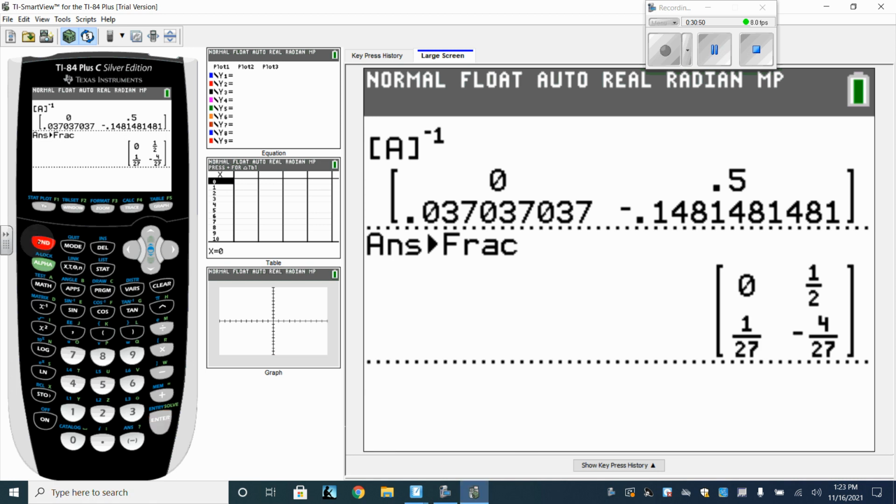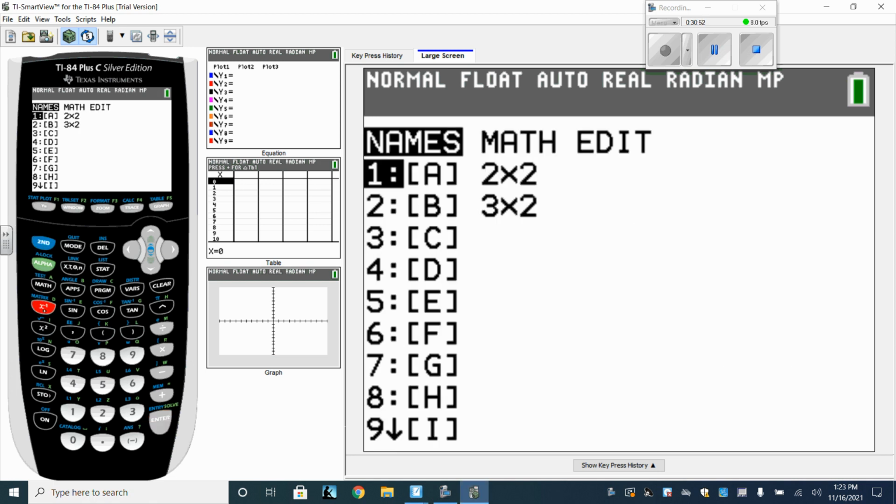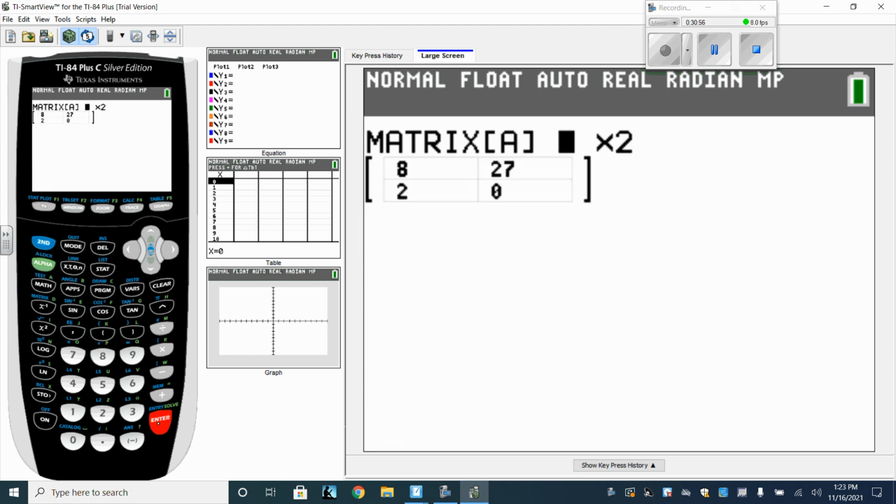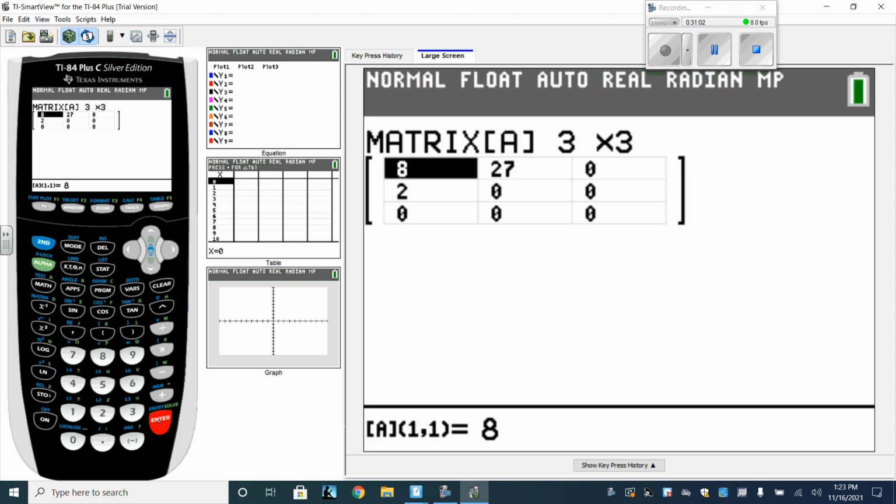So first thing we want to do is second matrix, go over to edit. And it's going to be a 3 by 3. So we can do 1 divided by 3. Because if alpha y equals isn't working, we can just use the division, 1 divided by 3.